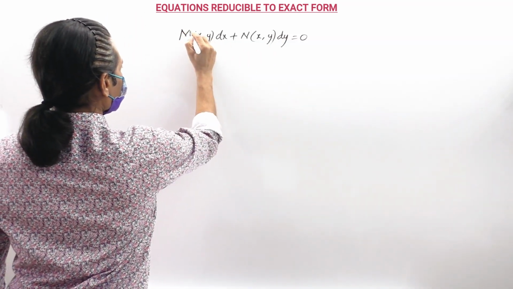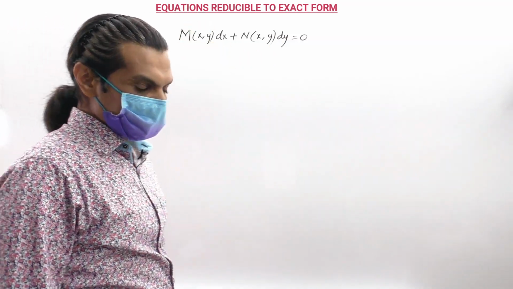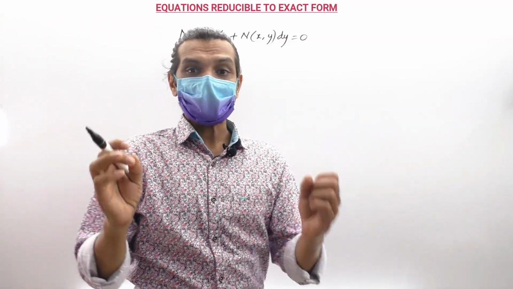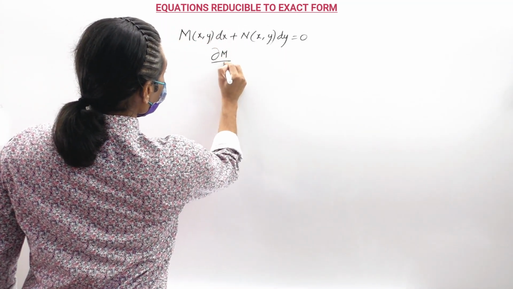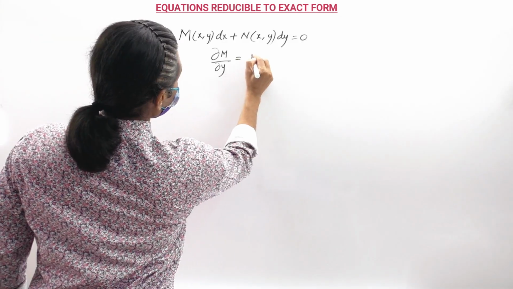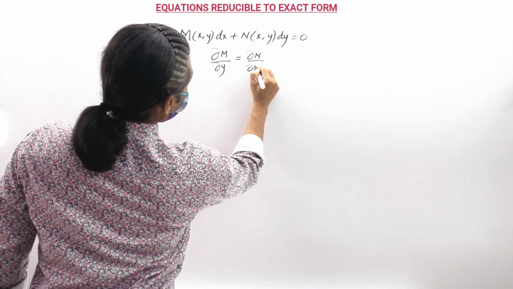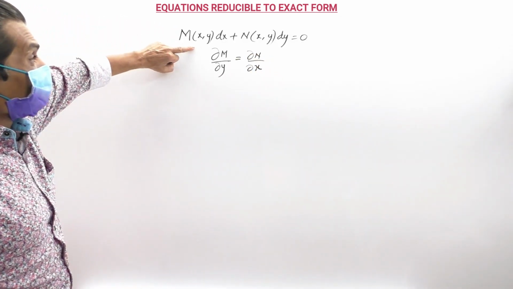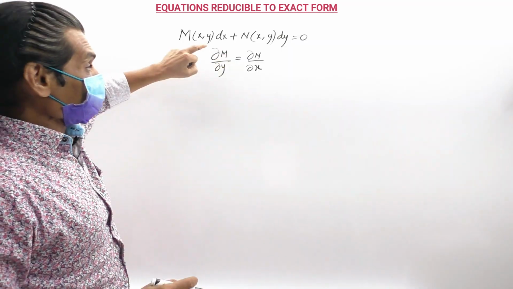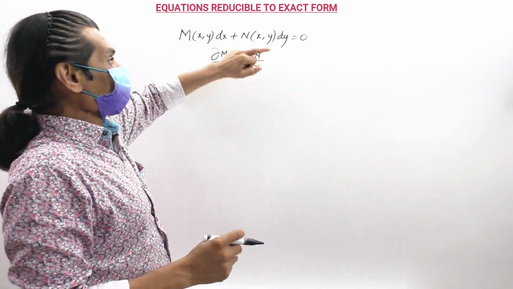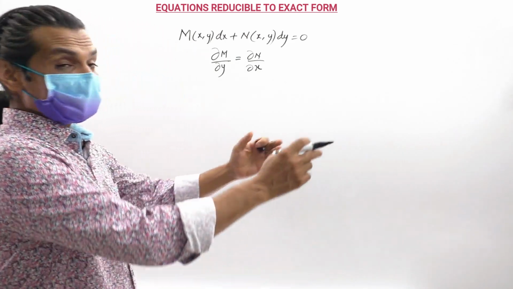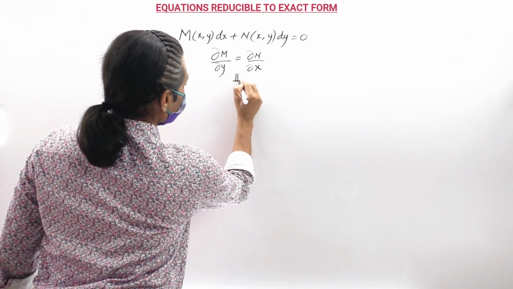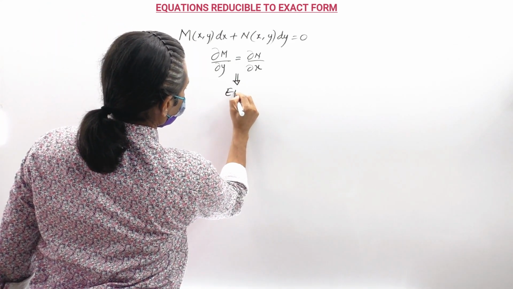For this form, the condition to be exact was what? Dou M by dou y should compulsorily be equal to dou N by dou x. That is, the partial derivative of the M term with respect to y should be equal to the partial derivative of the N term with respect to x. Then it is exact.